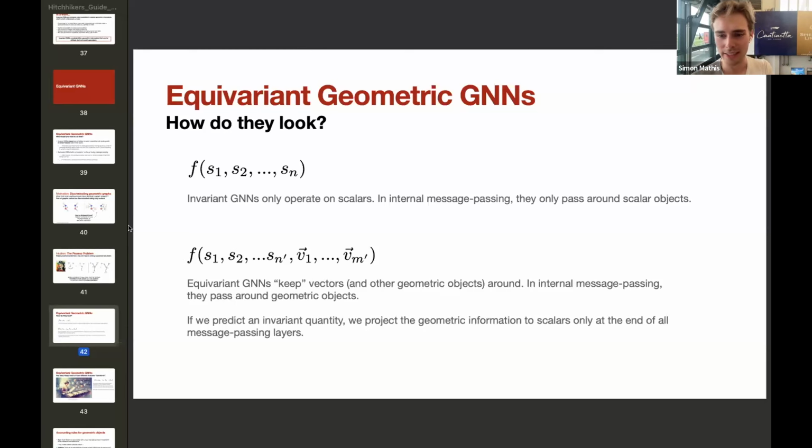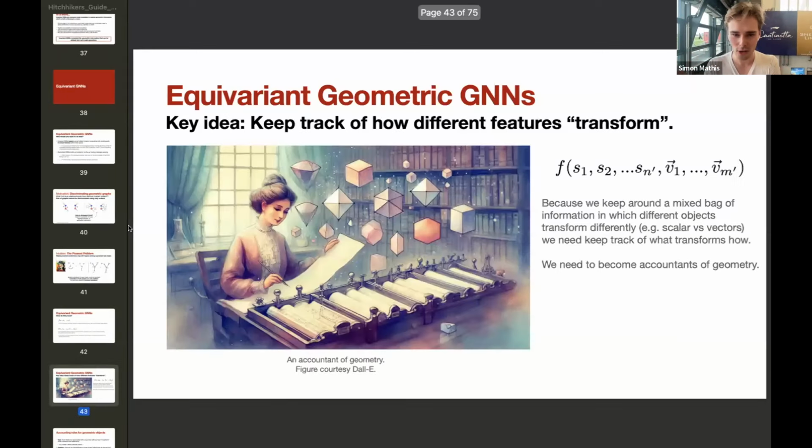As we do the message passing layers, there are vectors, or maybe different geometric quantities with different geometric meaning other than vectors, as we pass through the network. And then if we want to predict an invariant quantity at the end, the projection would come at the end of the network, as opposed to the beginning of the network for invariant GNNs. So this is, on a very high level, what it looks like.